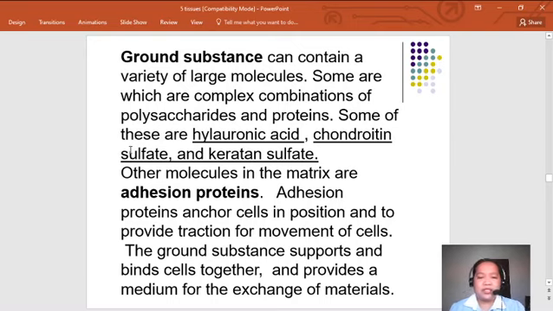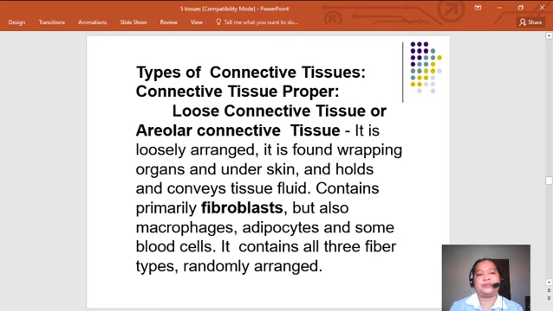These molecules in a matrix are for adhesion proteins. Adhesion proteins anchor cells in position and provide traction or movement of cells. So ground substance supports and binds together all other parts as a medium for the connective tissue.